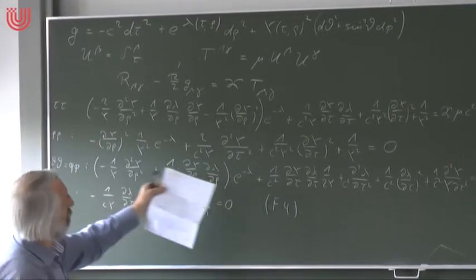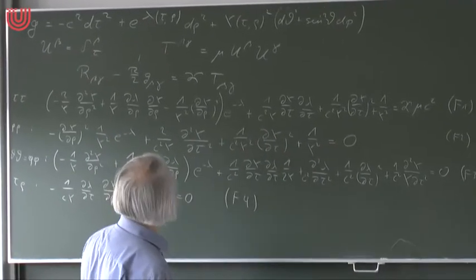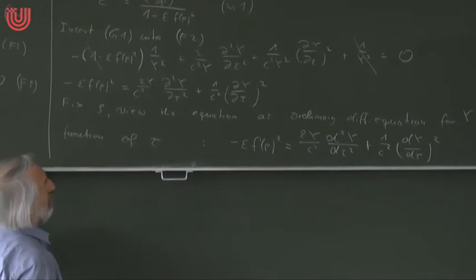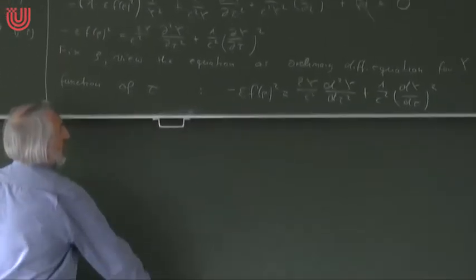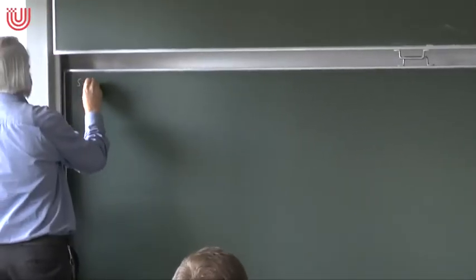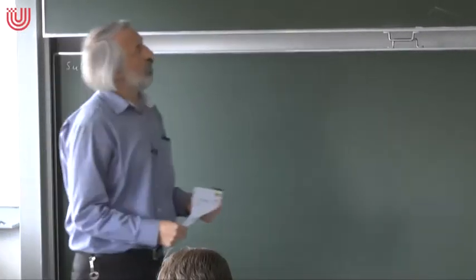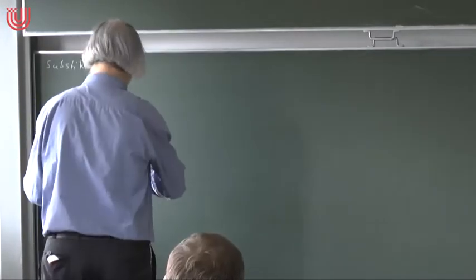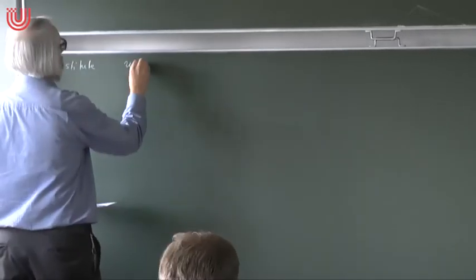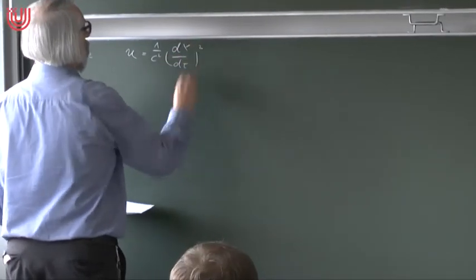So this wouldn't work with F1 or F3. Okay, so that's what we have to solve. And there is a little trick now how to solve this. We substitute, say, u for the first derivative squared. Do I do it with a factor in front of it? I think so. Yes, 1 over c squared dy by d tau squared.